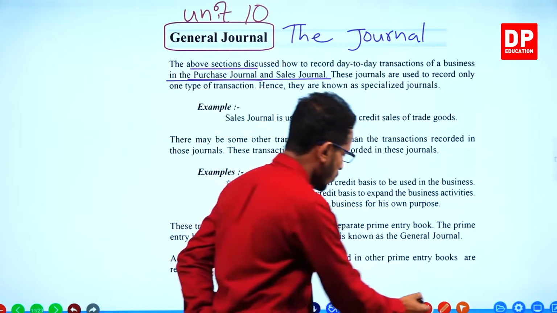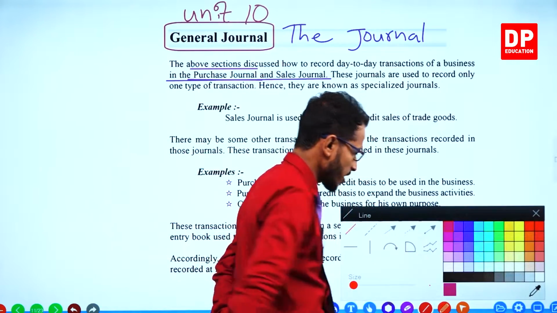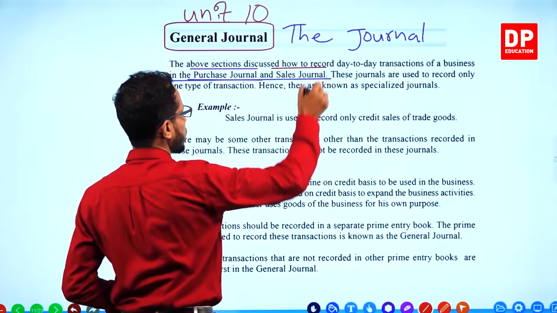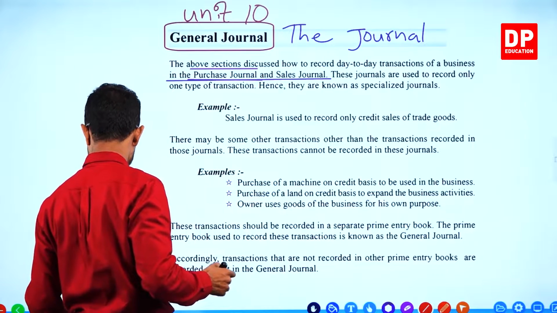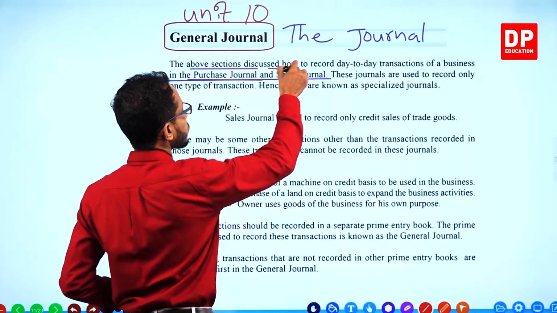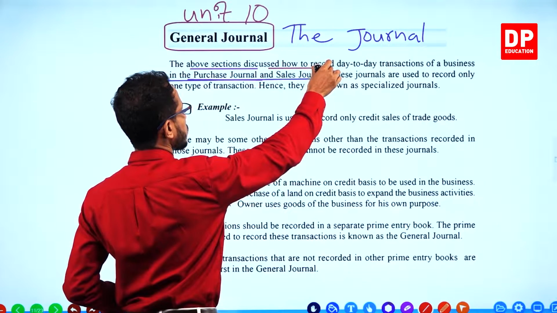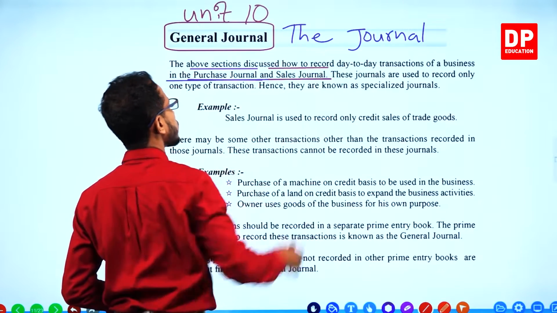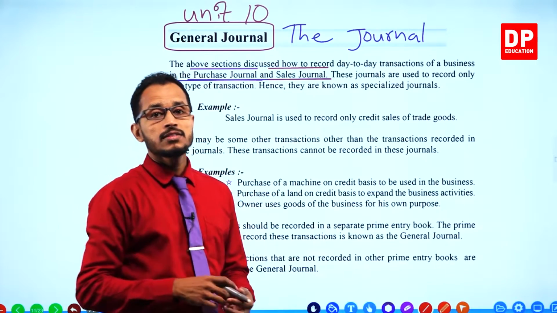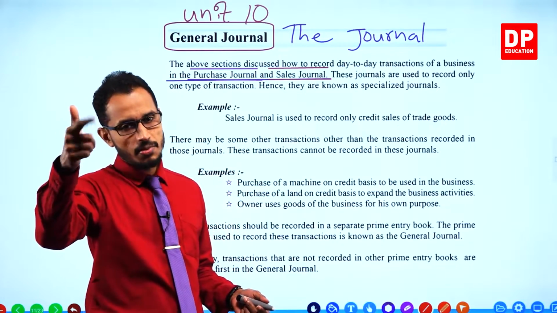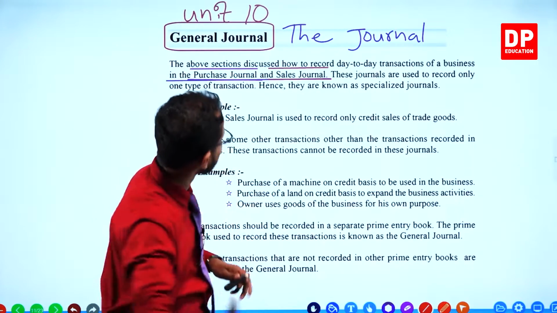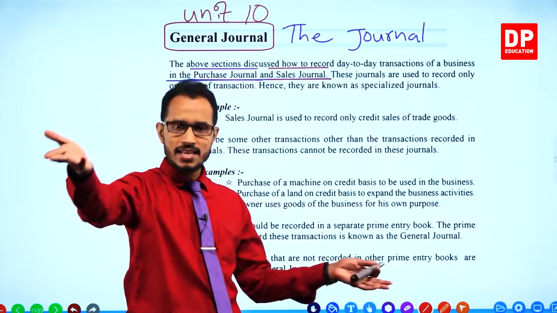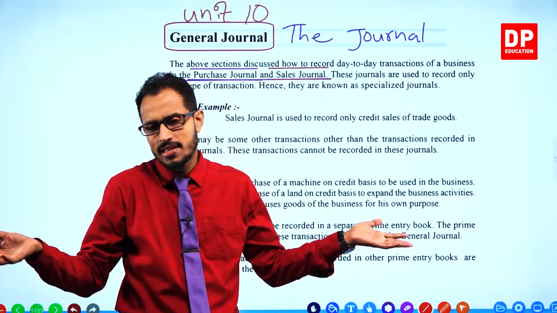Now you tell me, what type of transactions do you record in the sales journal? Selling transactions, selling anything.